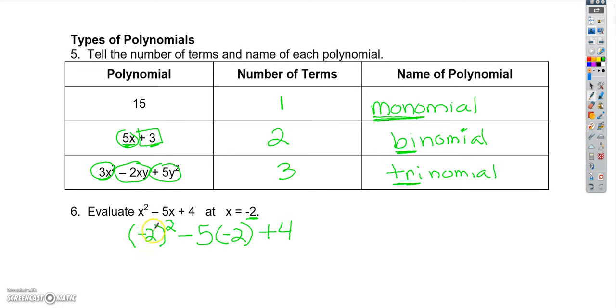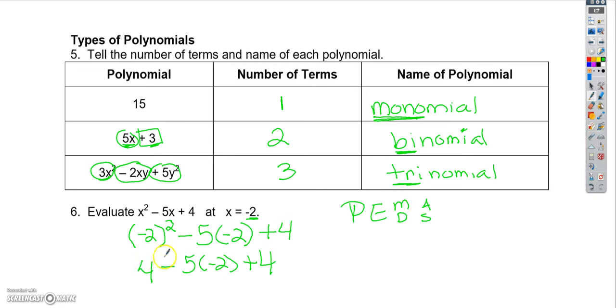And we learned that this was -2 times -2, which would make +4. Remember, we're following PEMDAS. So parentheses, we don't have any. Exponents would be this. So we write everything else down.